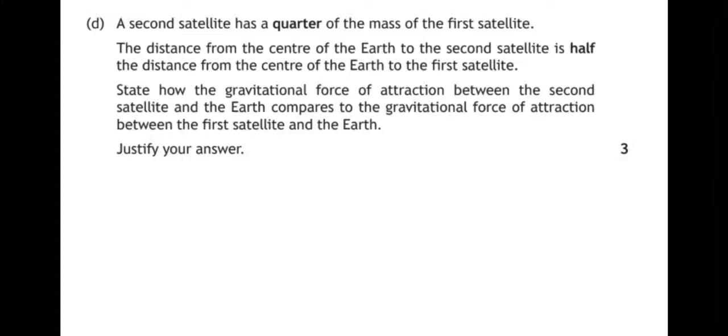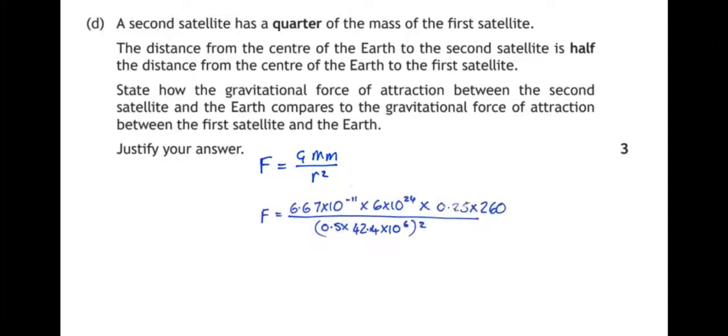The easiest way to figure out exactly what's happening is to just work it out. So we're going to use Newton's inverse square law of gravitation again. And this time we have these numbers. The second mass is 0.25 times 260. We know the original mass of the satellite was 260, and this one is a quarter of the mass, so 0.25 times 260.